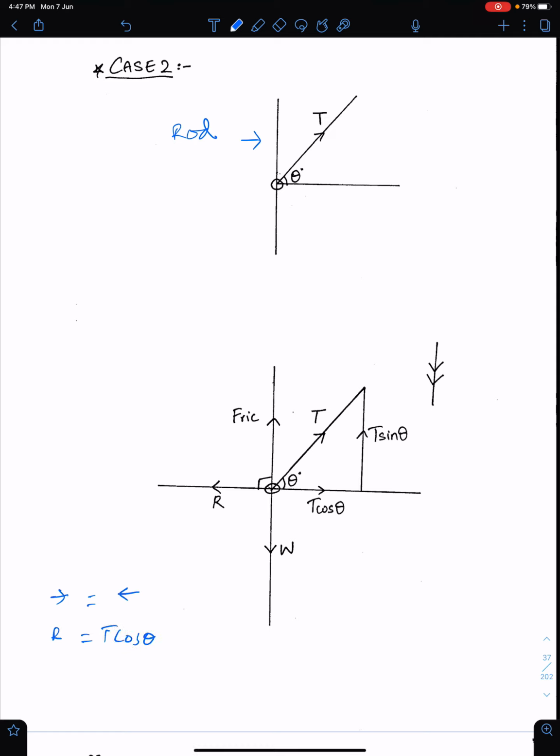Since this ring is moving in downward direction, so W is greater than T sine theta and friction. So with the help of these two equations, you can easily get T and theta. This is greater than sum of these two. That is why this ring is moving in downward direction.